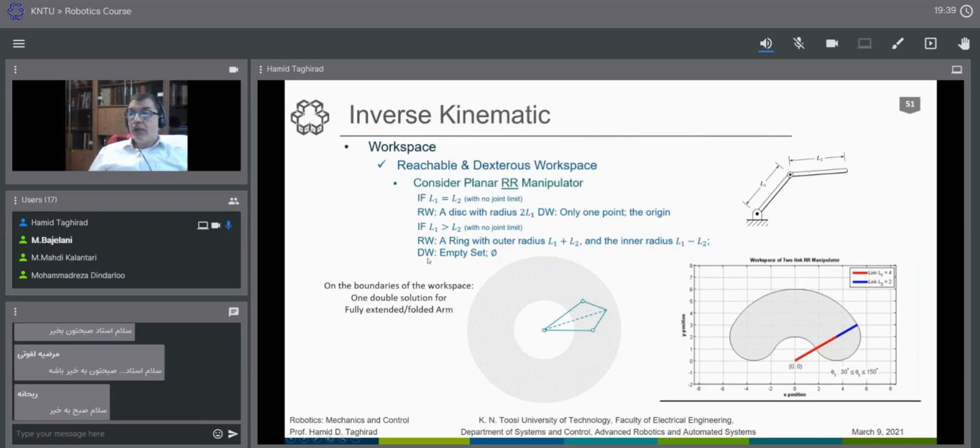And what about the dexterous workspace? The dexterous workspace is the place that we can reach with any angle, and there is no point like this. The whole workspace of the system, we can reach only with one or two angles.